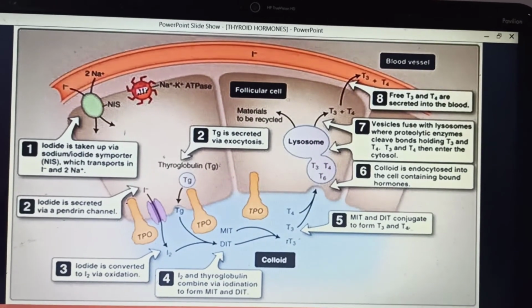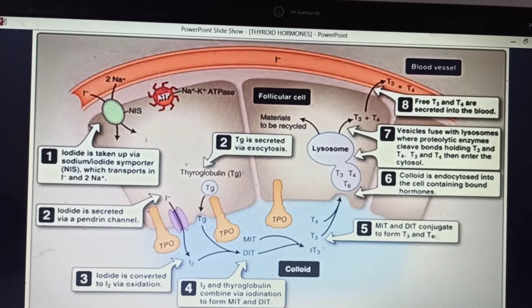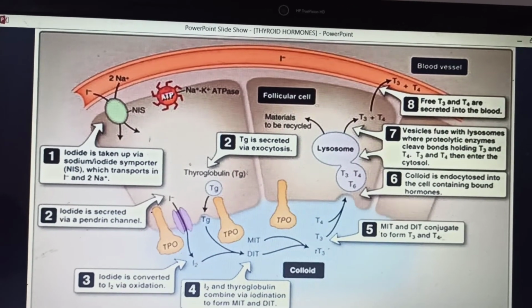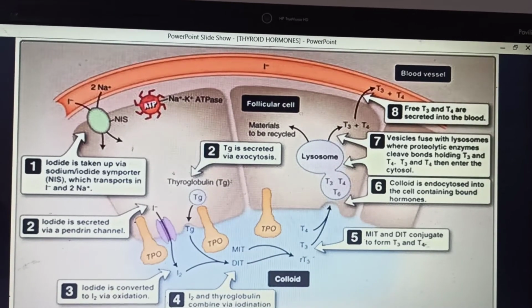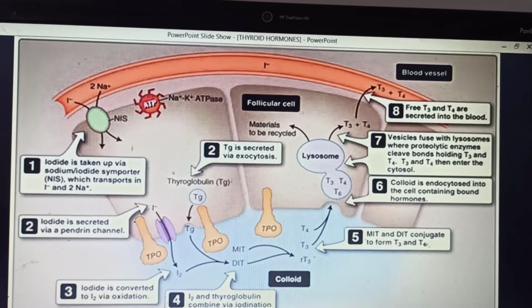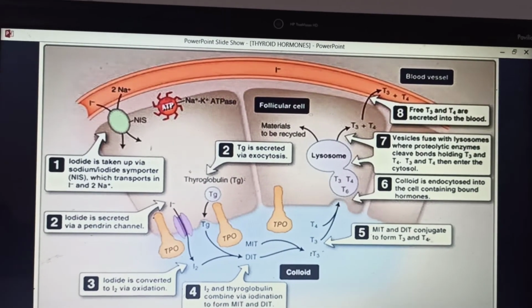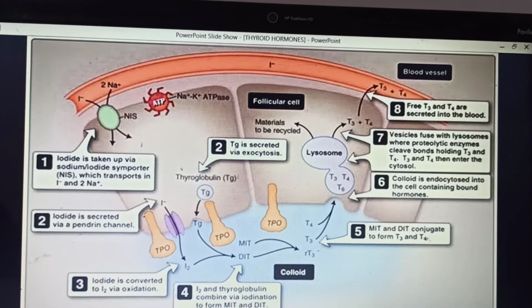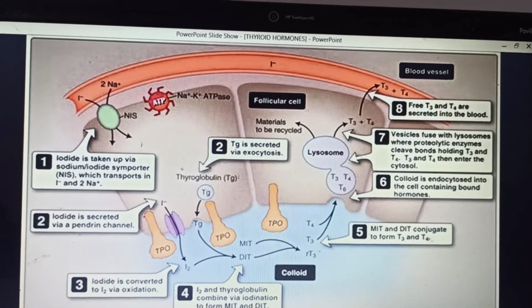In this slide you can also see that the iodide is taken up via the sodium iodide symporter, which is located in the basement membrane of the follicular cell, and it transports the iodide and 2 sodium ions. Second step is that iodide is secreted via the pendrin channel.